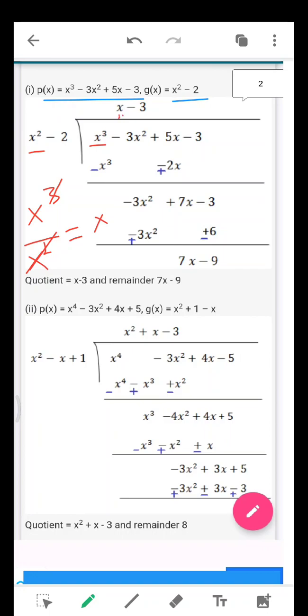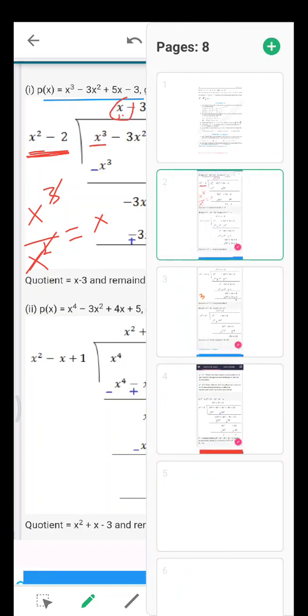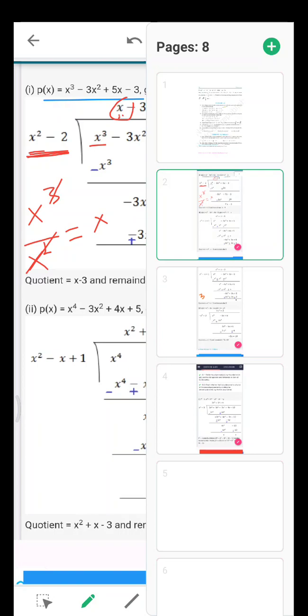Now we multiply this whole polynomial with x. Let's see that in the rough column. We have to multiply x square minus 2 with x. X square minus 2 multiplied by x.